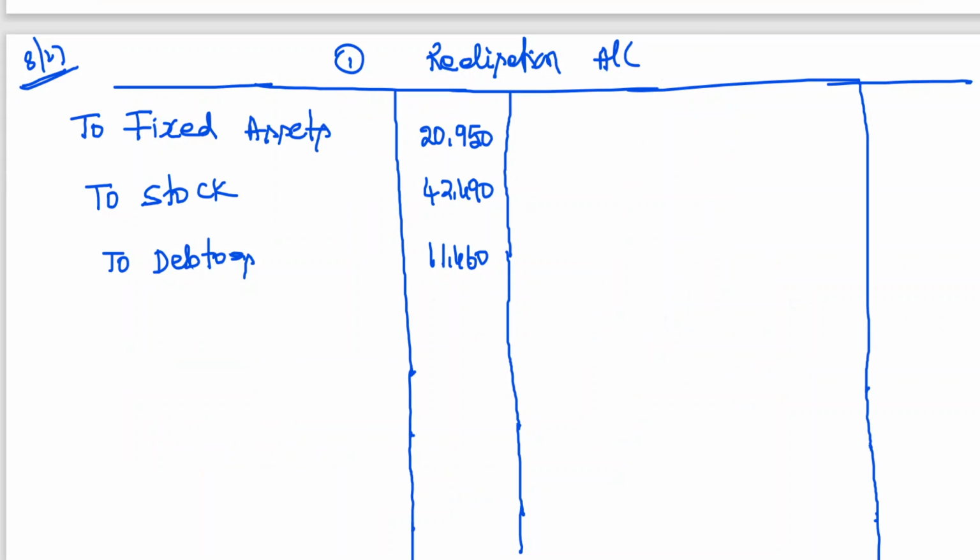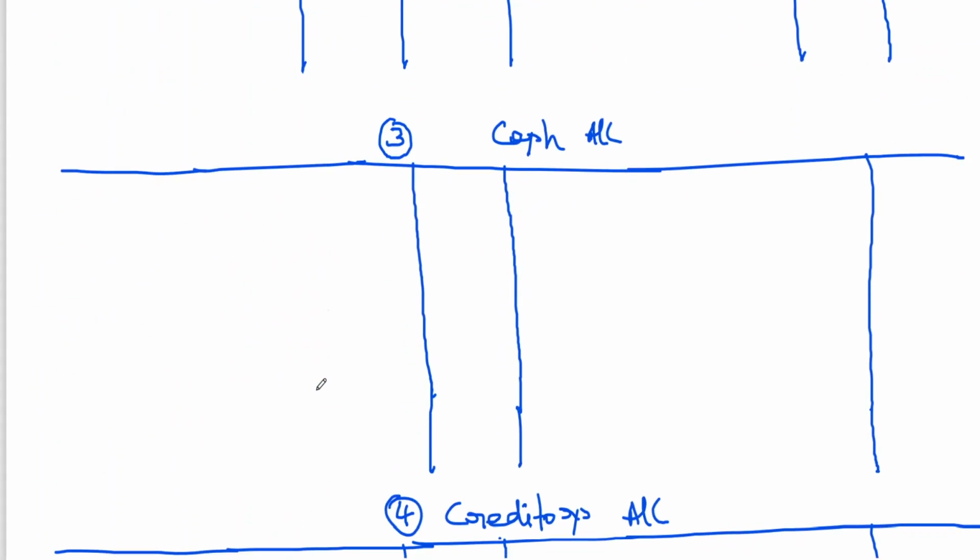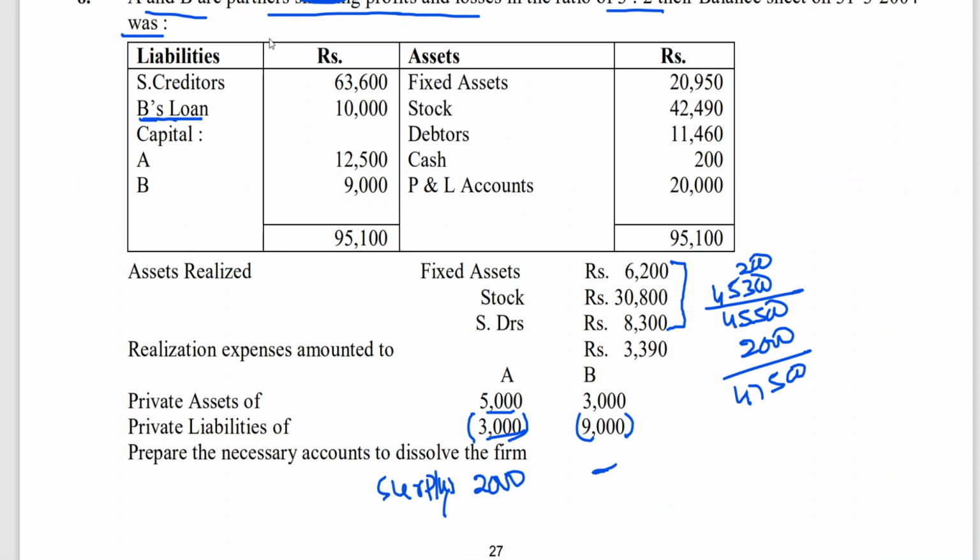To balance brought down 200. Then P&L account is undistributed losses.